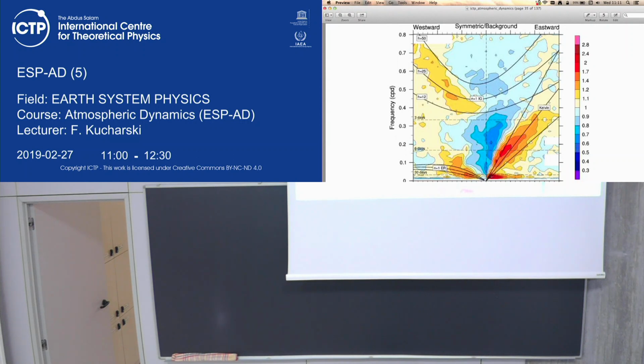We could use a daily data set of zonal wind or meridional wind, I think those would be the best quantities to use. And if we do a power spectrum analysis, we would come to a very similar outcome.